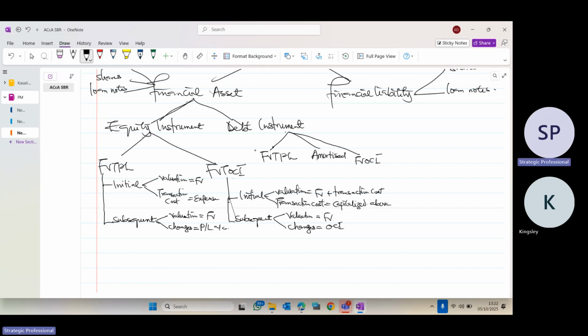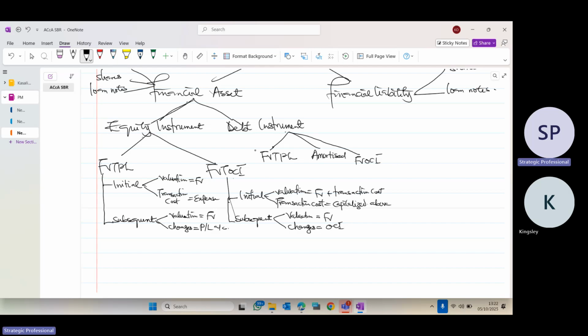Then at amortized, our initial will be fair value plus the transaction cost, and the transaction cost will have been capitalized as above. The subsequent will give us our cash flow value as per the amortized cost, and then there's no need for the changes therein, and any finance income will be the effective rate.